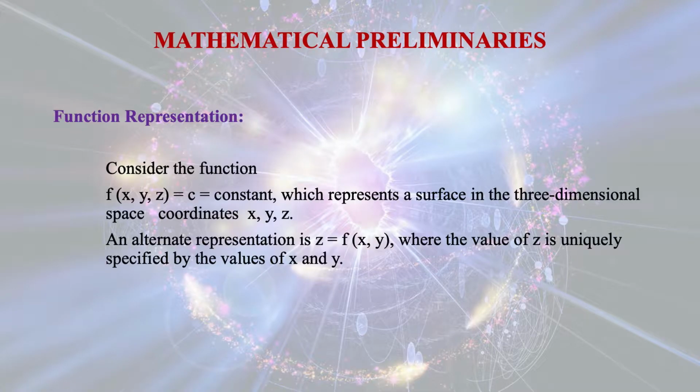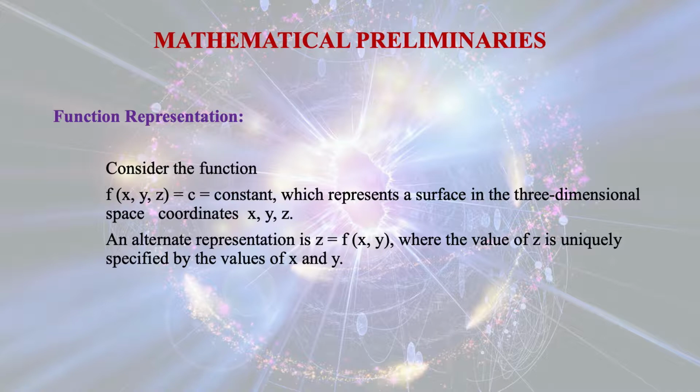Now, for any thermodynamic analysis, we have to have some knowledge of function representations. So consider the function f(x, y, z) equal to c, that is constant, which represents a surface in the three-dimensional space coordinates x, y, and z. An alternate representation is z as a function of x and y, where the value of z is uniquely specified by the values of x and y.